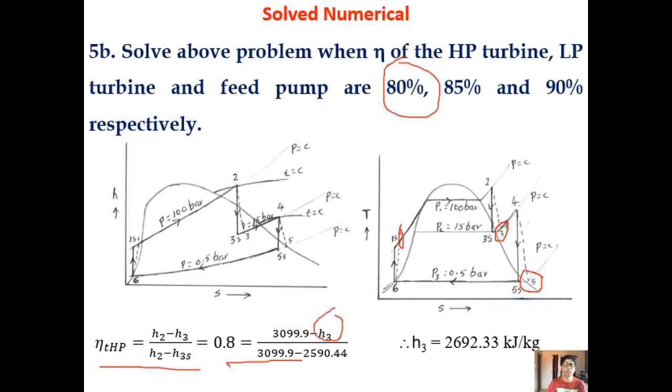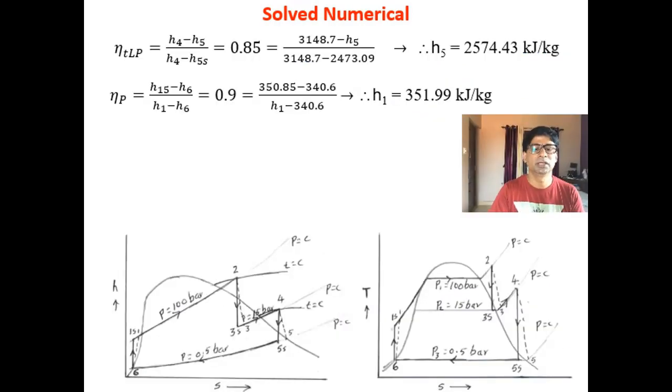You'll get the H3 value as 2692.33 kilojoules per kg. Similarly, use the eta LP turbine efficiency to find out H5. You will get it as 2574.43 kilojoules per kg, and use the eta pump efficiency formula to find out H1, which you will get as 351.99 kilojoules per kg.